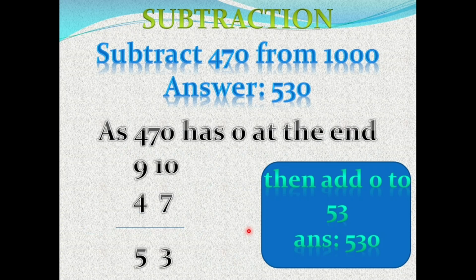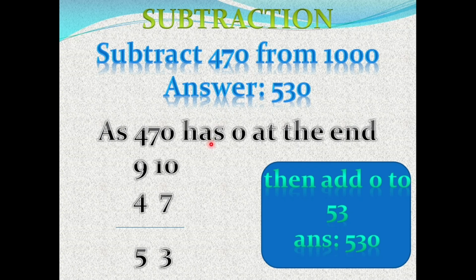And coming to the next one, I have to subtract 470 from 1000. Here one thing I have to observe is that the number is ending with a 0. So we have to make our technique a little better.